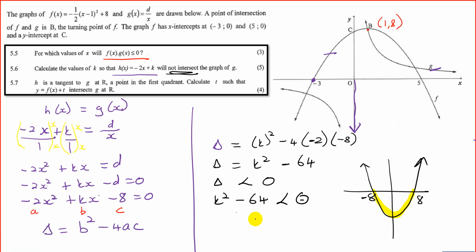And that gives us k would be less than 8 but greater than minus 8. And that's when they will have non-real roots, or we could say they will not intersect.